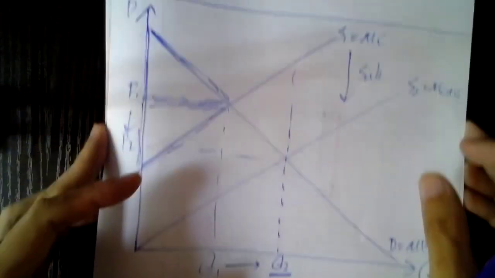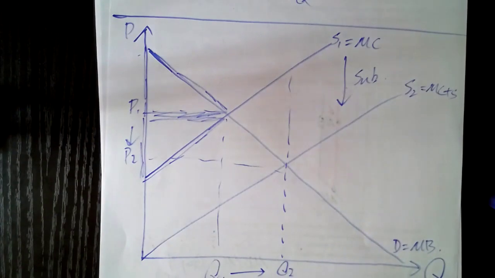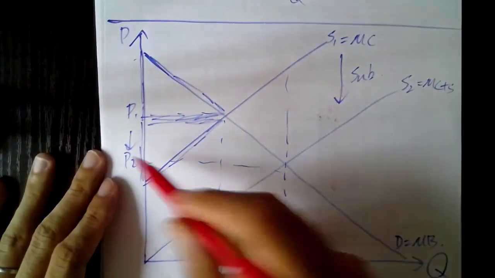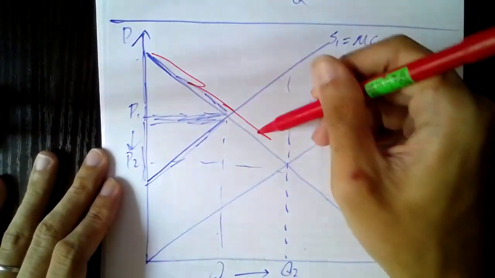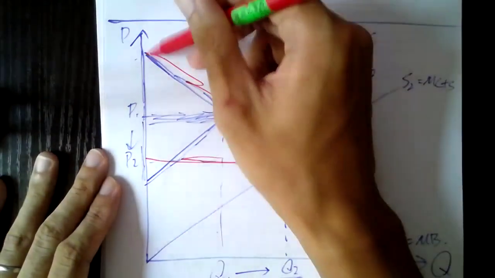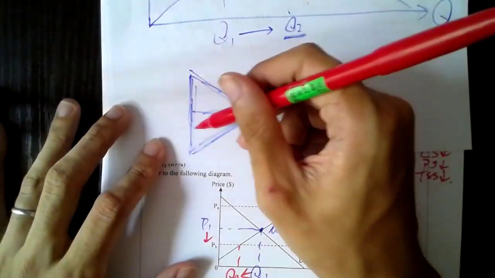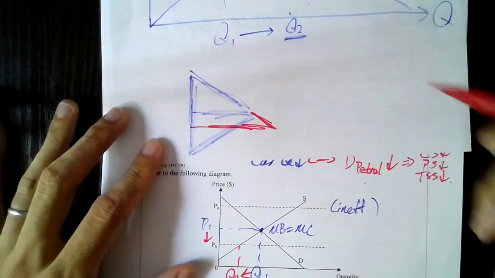Okay, what about the new total social surplus? Okay, the new total social surplus. First of all, let's look at consumer. Consumer is right, again, demand and price is right here. Okay, right here. So you will see it has a bit of increase.